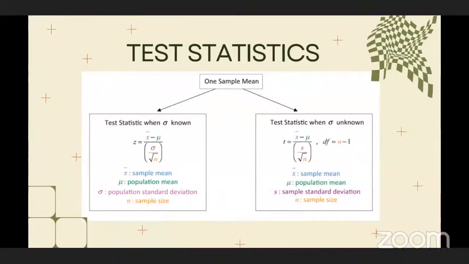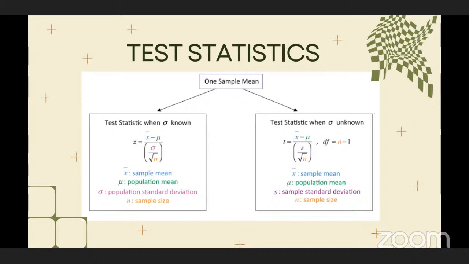So here is the test statistic. The test statistic is for one sample mean, and there are two formulas. First is the test statistic when the population standard deviation is known, and the second one is the test statistic when it is unknown and the sample standard deviation is used.